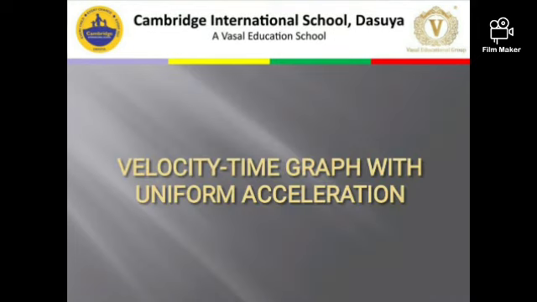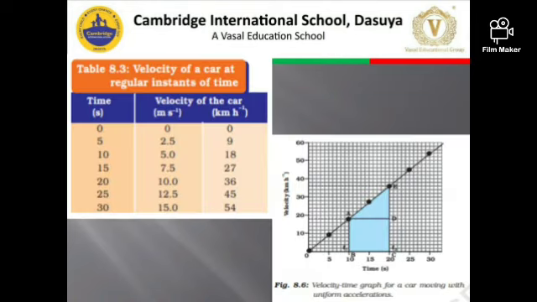Then we did the velocity time graph with uniform acceleration. In this case, we have a straight line, but it is inclined to the time axis, having a slope with some angle of inclination. Then we studied how we can draw the graph using the inputs, and we can also find the distance or displacement under this graph.